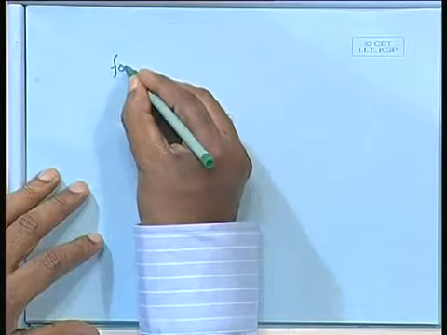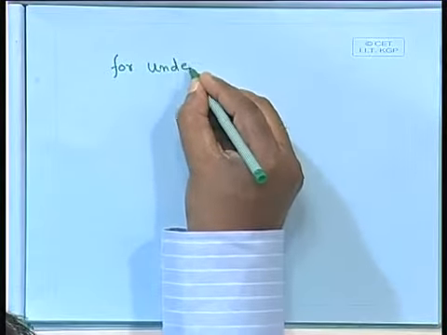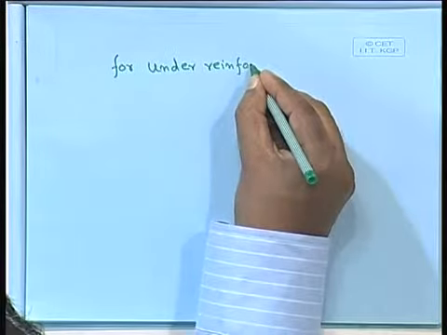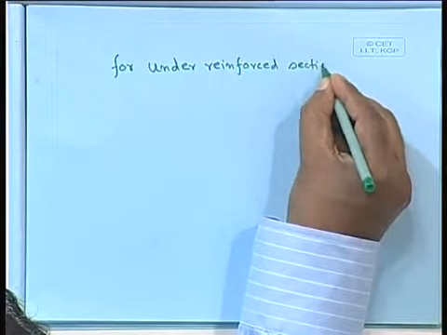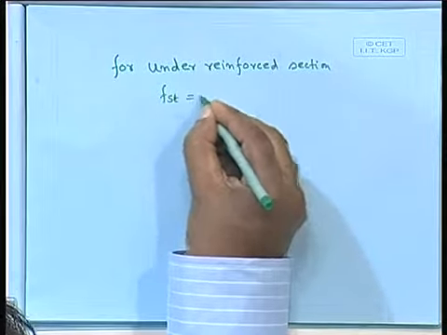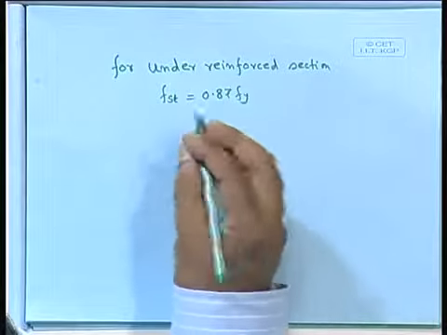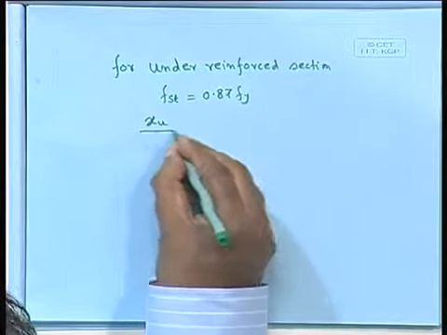So, we can write down the equation for under reinforced section: fst equal to 0.87 fy.